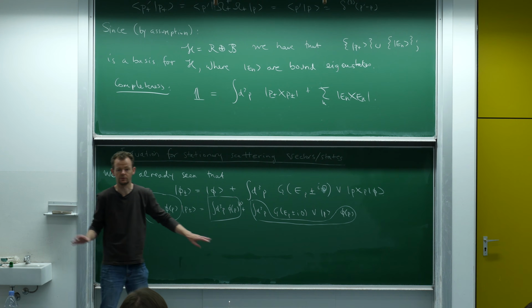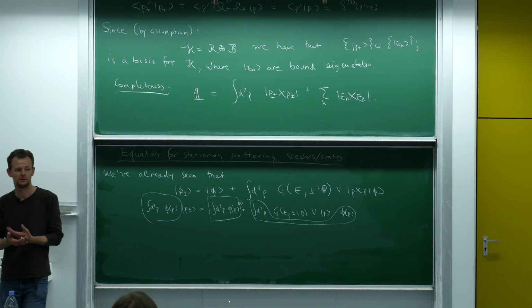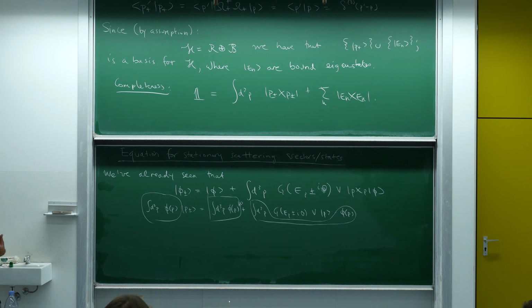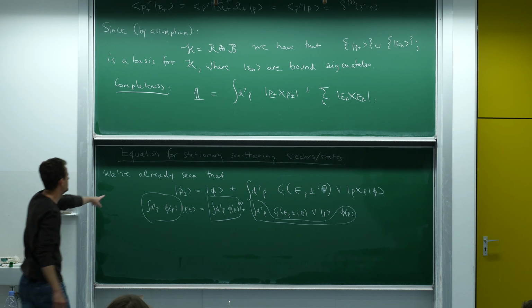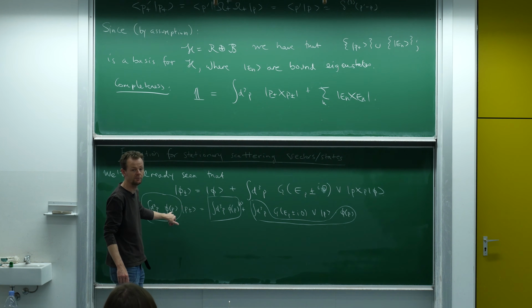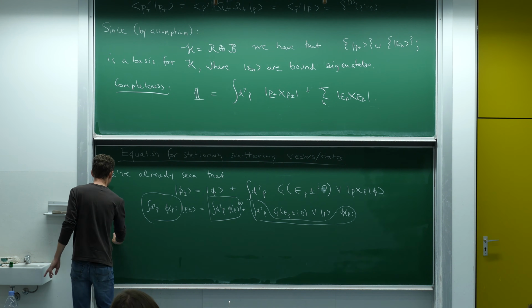Given that P is an orthonormal basis, albeit improper, then this equation has to be true for all phi of P's, for every one of these coefficients. So we can just remove the coefficients.